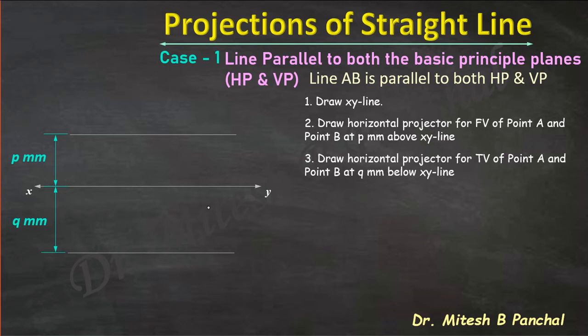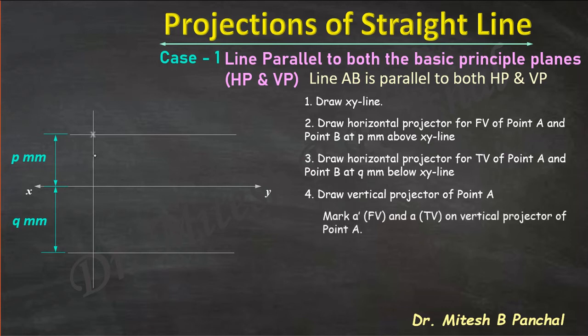To fix one of the endpoints of line AB, we will consider one vertical projector, say for point A. So draw a vertical projector for point A. By drawing one vertical projector, we are fixing point A now. That means the front view of point A will appear at the location where the horizontal projector and vertical projector intersect.